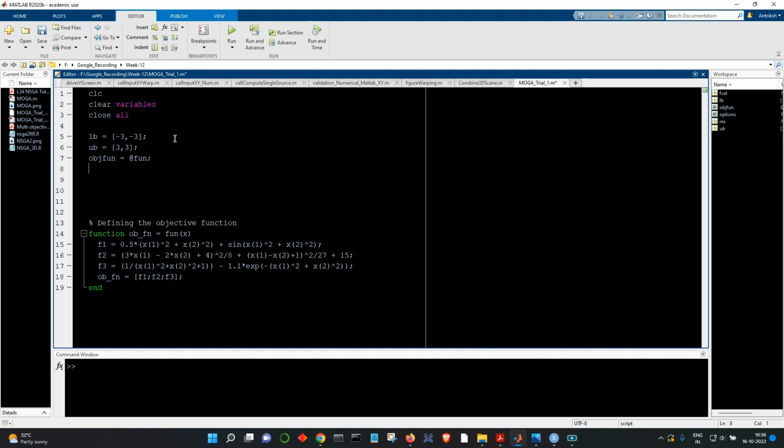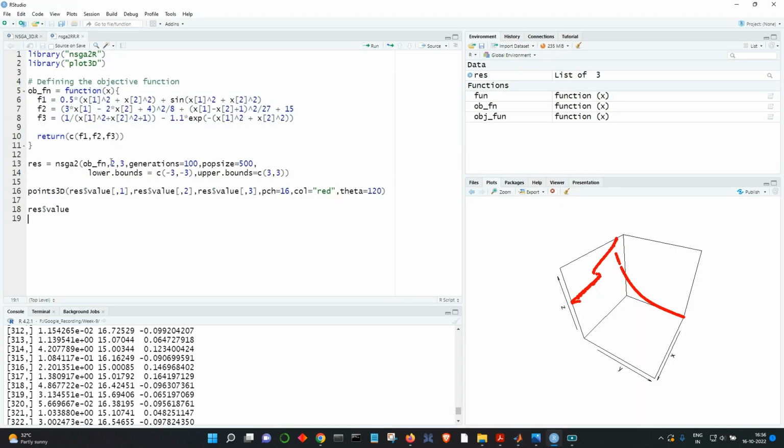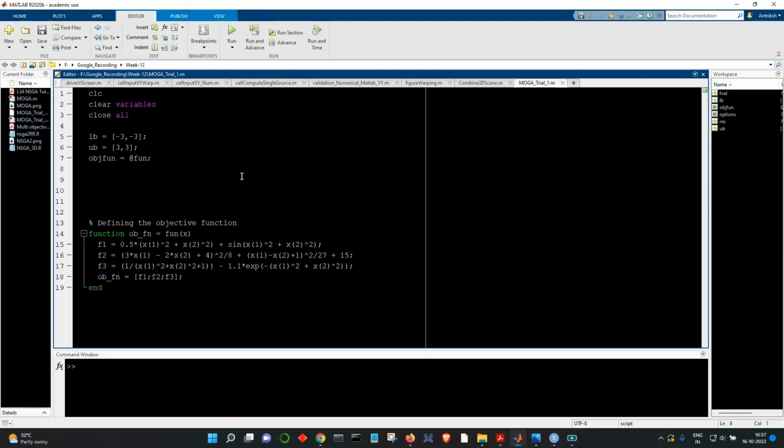And now see, in R what we saw was we could increase the population size inside this itself. Previously we have done control arguments for R, but in that we have increased the CF for different values such as particle swarm optimization and differential evolution. But here we could directly give population size. But in case of MATLAB, there is just a little bit of extra work that we have to do: we have to define something called options, that is going to be associated with an optimization function, and it is optimization options.